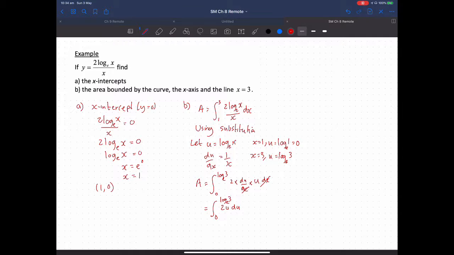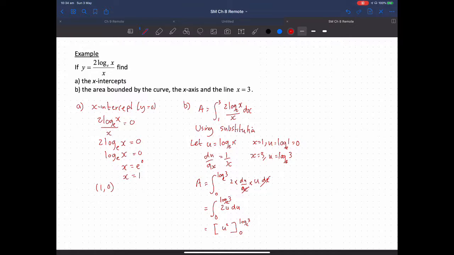And now we can do a straightforward antiderivative. When we antidifferentiate 2u with respect to u, what we get is u squared, and our terminals were 0 and log e of 3.